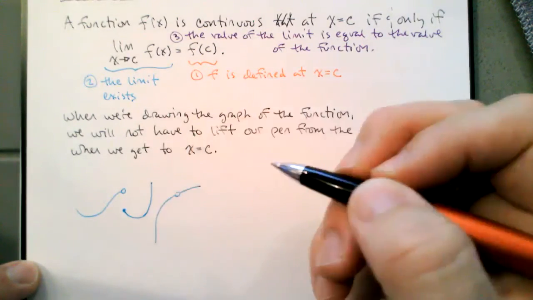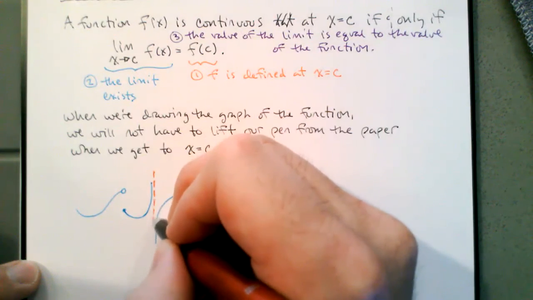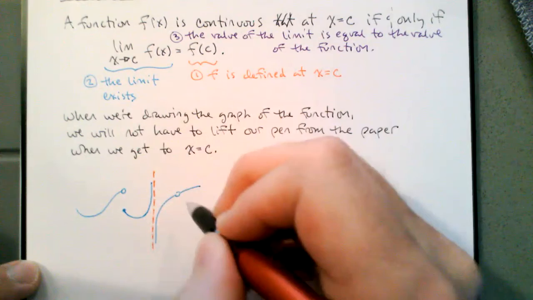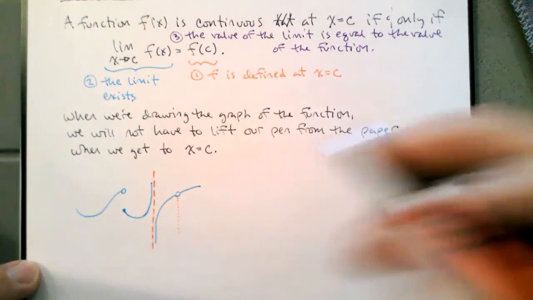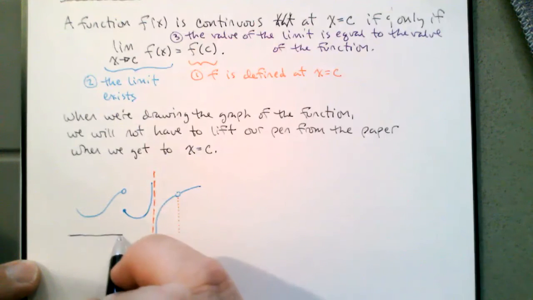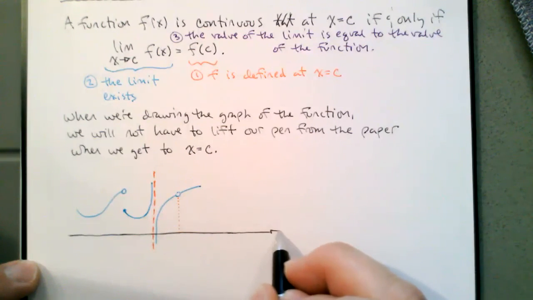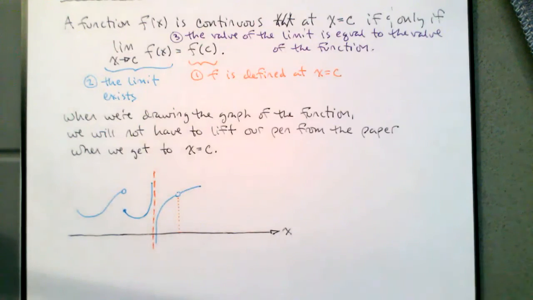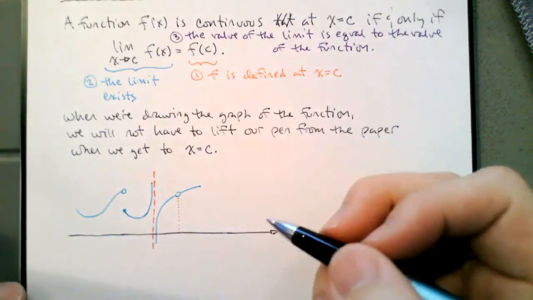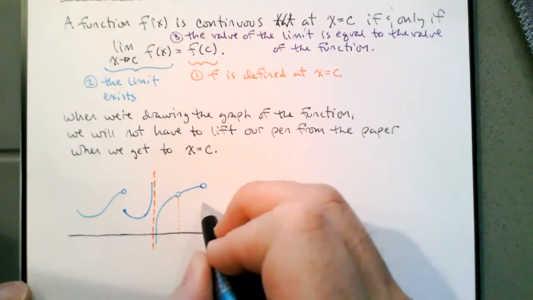So for example, if we had some kind of asymptote. The one that we didn't include was that the function could have a hole in it, but still be defined.